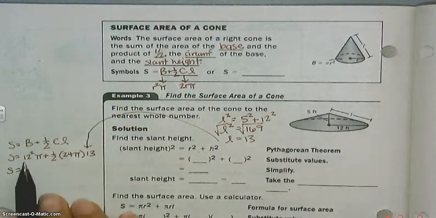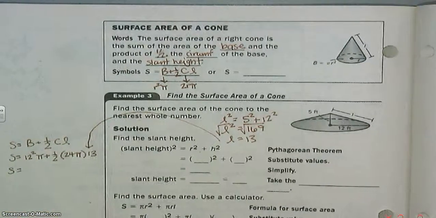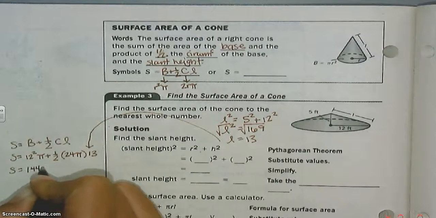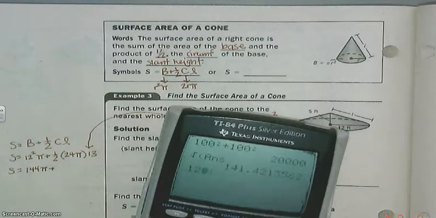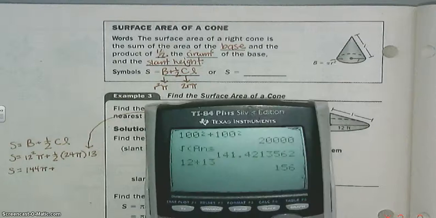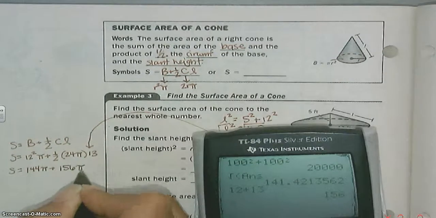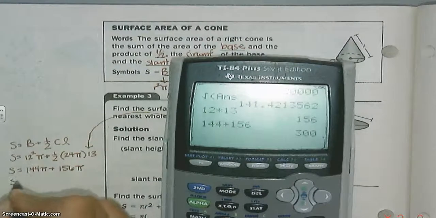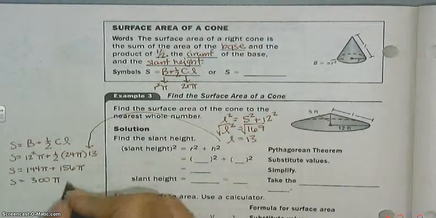At this point, you can just put this whole thing in your calculator if you want, or we can keep it in terms of pi, depending on how fancy your calculator is. This is 144 pi. Half of 24 is 12, and 12 times 13 is 156 pi. 144 plus 156 is 300 pi feet squared.